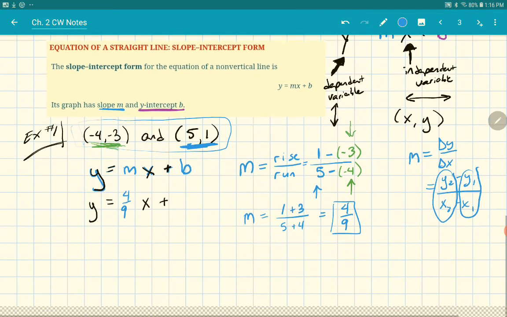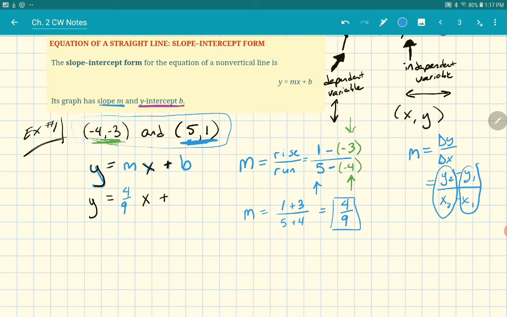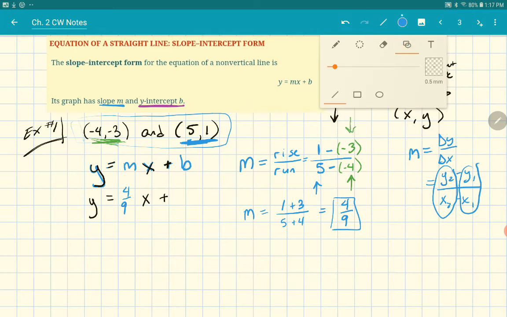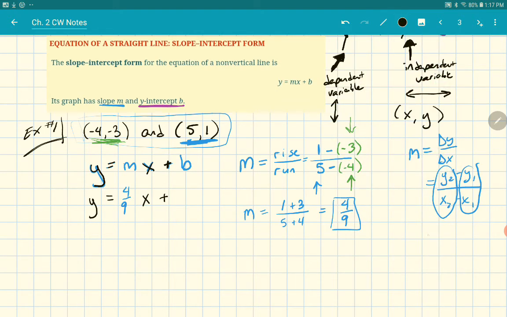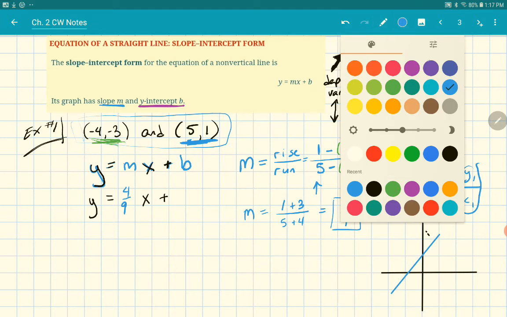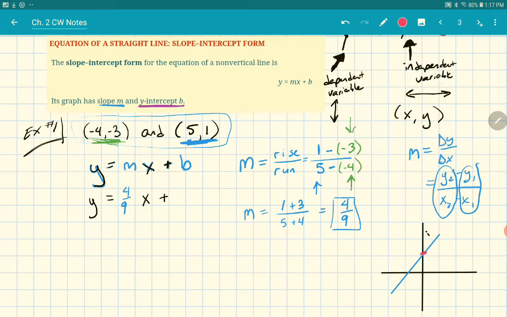What is b? The b is the intercept. So what is a y-intercept? When I have a line, I'm going to draw a quick axis here, and I'll draw a quick line on this axis. The intercept is that point right there.